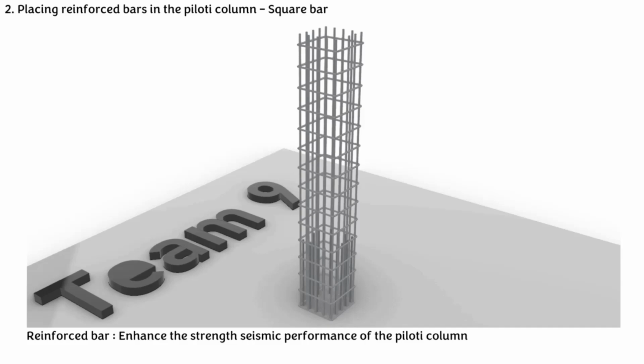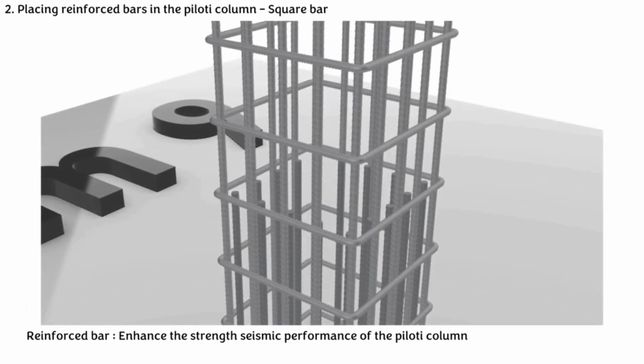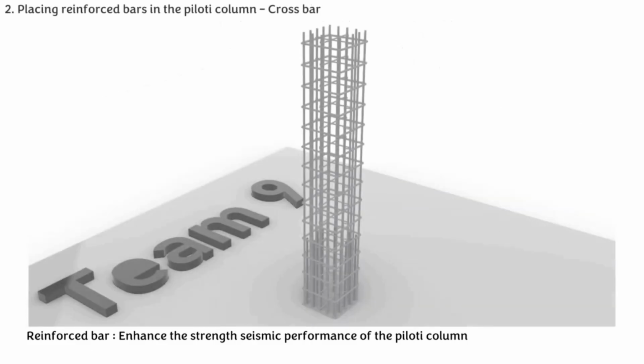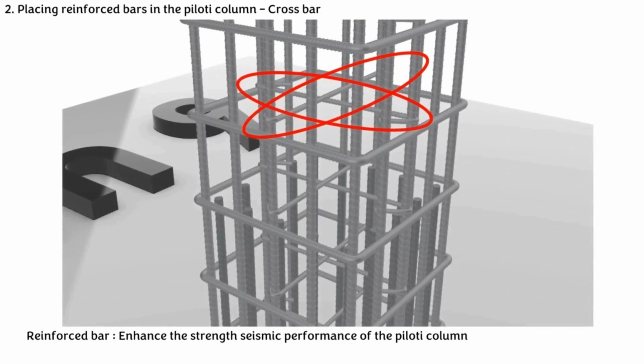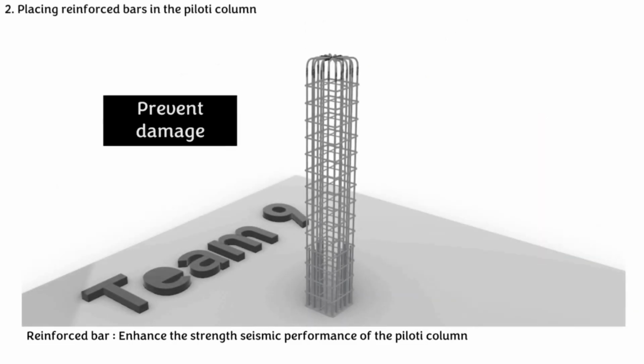Once the main bars are installed, reinforced hook bars and 135-degree hooks are installed around the bars. These are installed to prevent damage caused by various moment-generating factors such as earthquakes. In this way, placement of reinforced bars is completed.